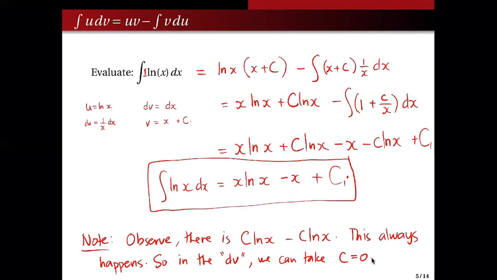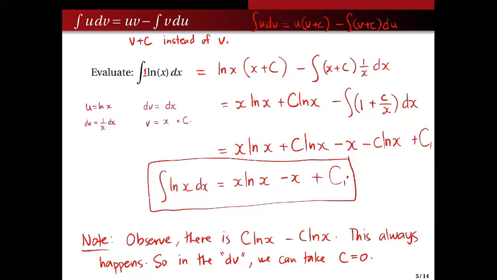In fact, we can prove that. Because, for example, if you have v plus c instead of v, what will happen to the integral? Integral u dv is equal to u times v plus c minus the integral of v plus c du.